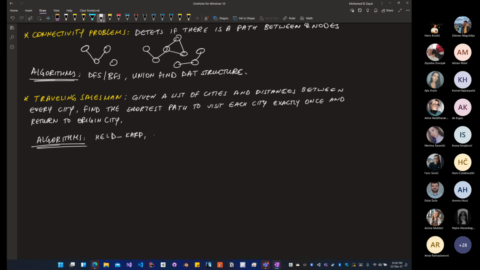And ant colony optimization algorithms, because there are many of them, and usually they are approximating algorithms, actually. So these are all approximations.